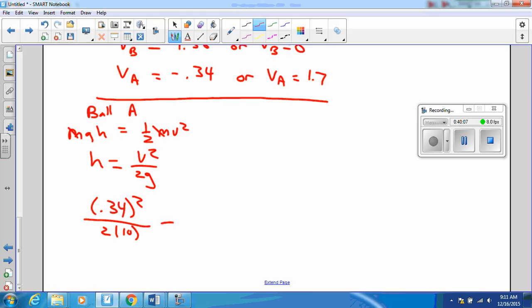It's going to be 0.00578 meters. Let's get a sense of what that is by writing it in its original units, 0.58 centimeters. 0.58 centimeters is going to be like this. So this thing is going to come down, and it's just going to barely rebound a little bit.